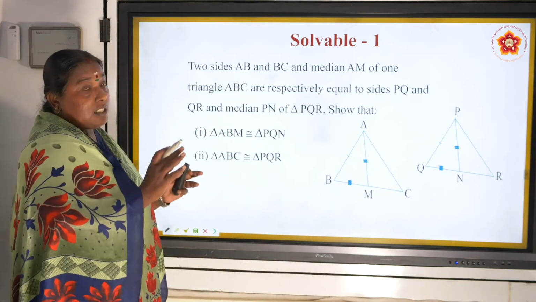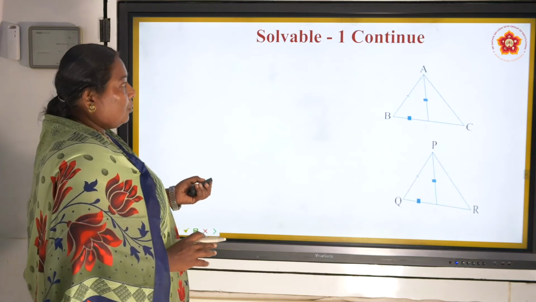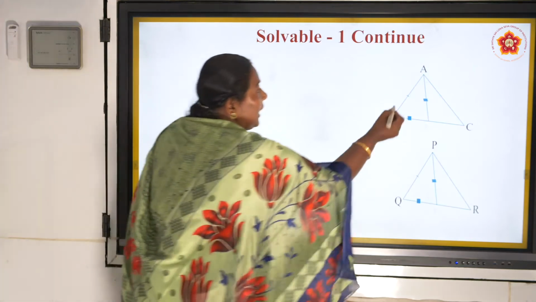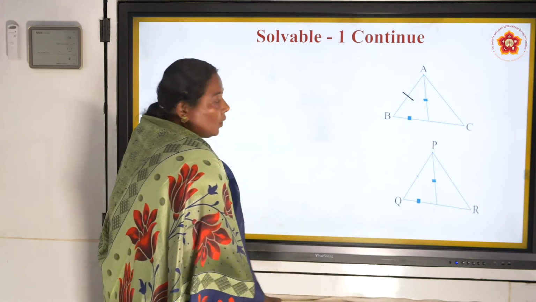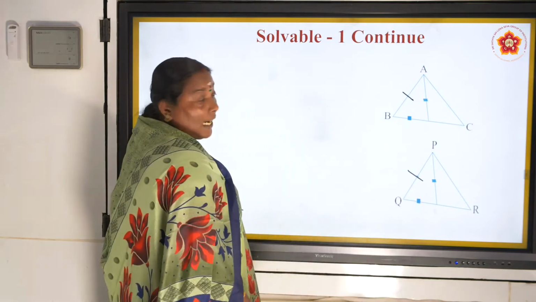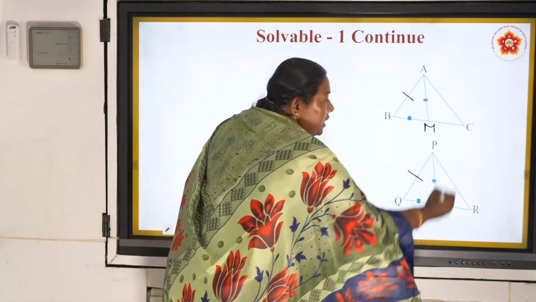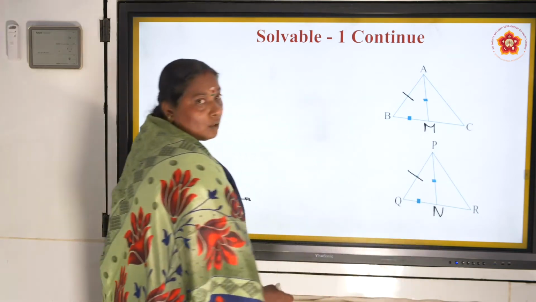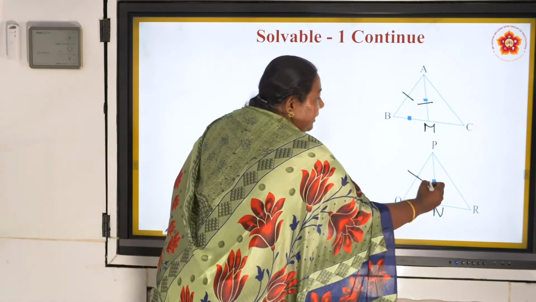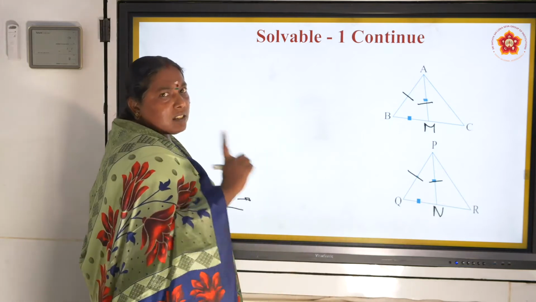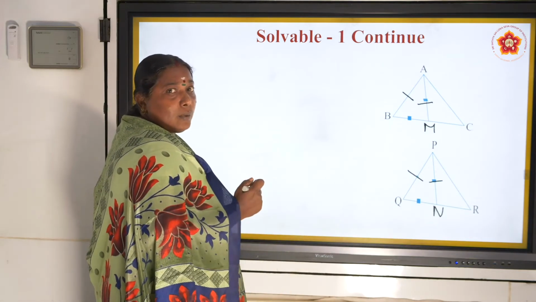So first, what is the given? AB is equal to PQ and AM is equal to PN. Two things they have given. I just need one more to prove my congruency.